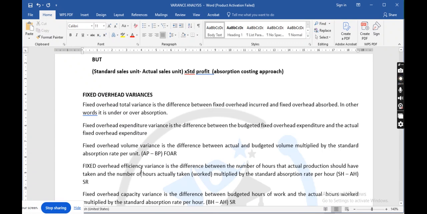Efficiency goes with hours. Standard hours minus actual hours times the standard rate. This standard rate is the fixed overhead absorption rate, which is FOAR, because we are in fixed overhead variance.